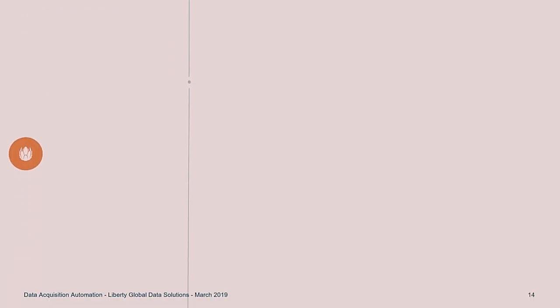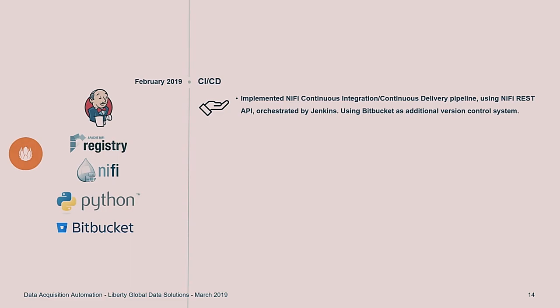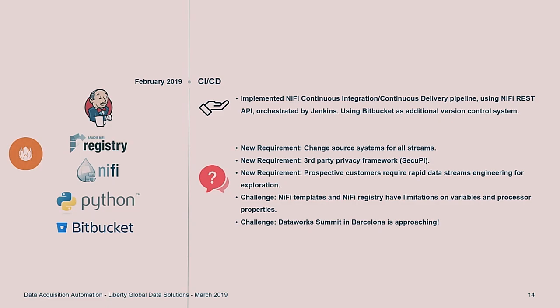So we had to come with a solution. In February, we came with a custom-built NiFi CI/CD pipeline, which is built around popular and well-known DevOps tools like Jenkins, NiFi registry, Python, Bitbucket, all the family tools.